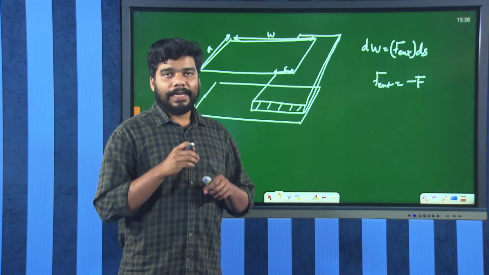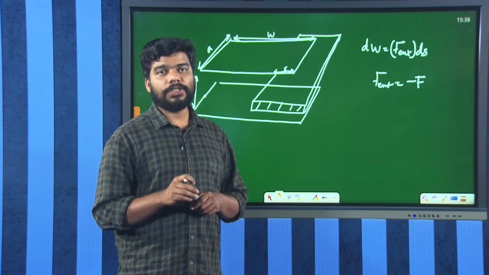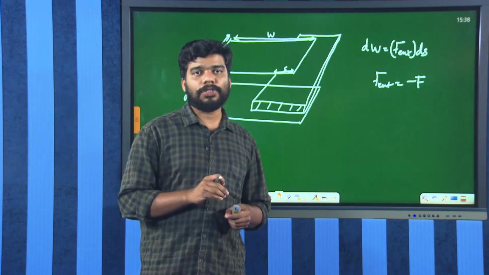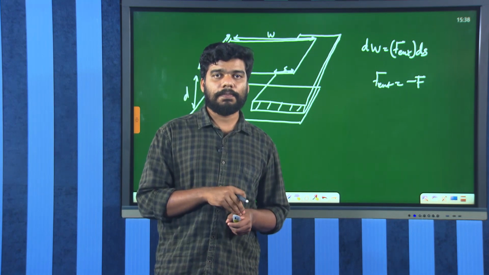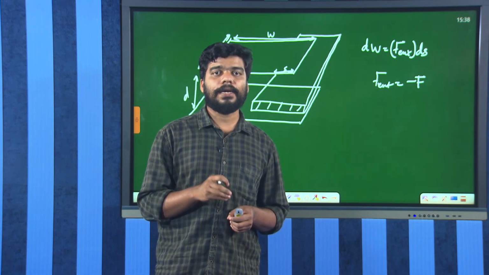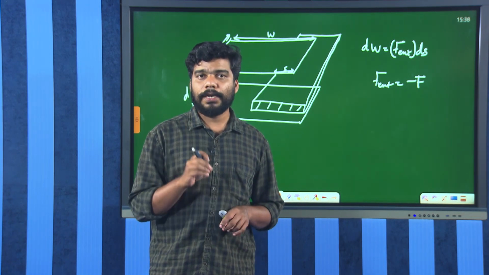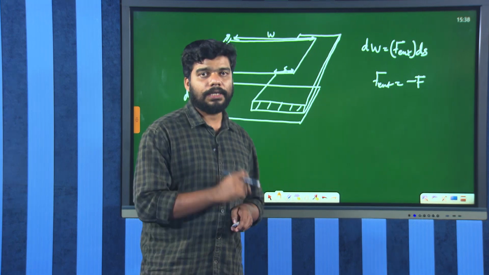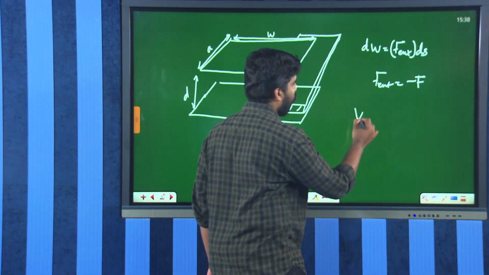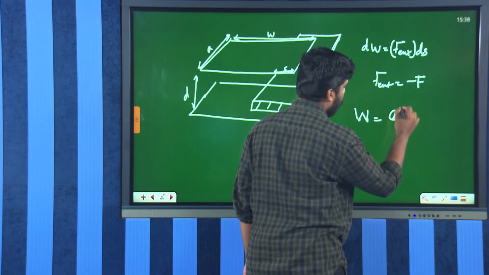Therefore, it is clear that the capacitance of the capacitor and the potential difference between the capacitor plates are not the same for the entire arrangement, but the charges on the capacitor plates are uniformly distributed. So, we can write W = Q²/2C.